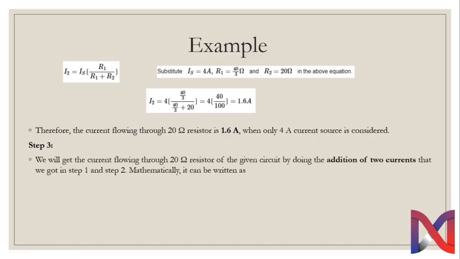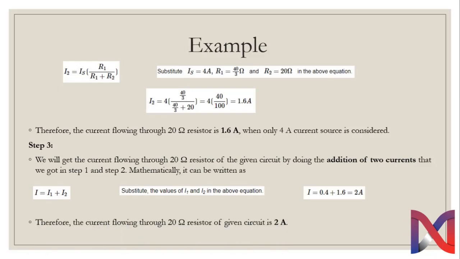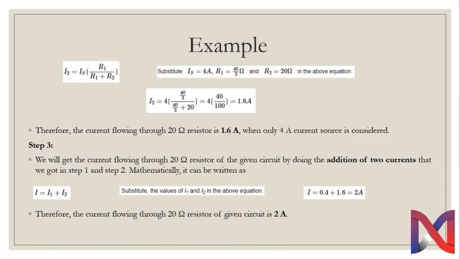Step 3 is adding up the responses of both sources. So we can write it mathematically as I is equal to I1 plus I2. After substituting the values, we get the total current as 2 ampere. Therefore, the current flowing through the 20 ohm resistor of the given circuit is 2 ampere.